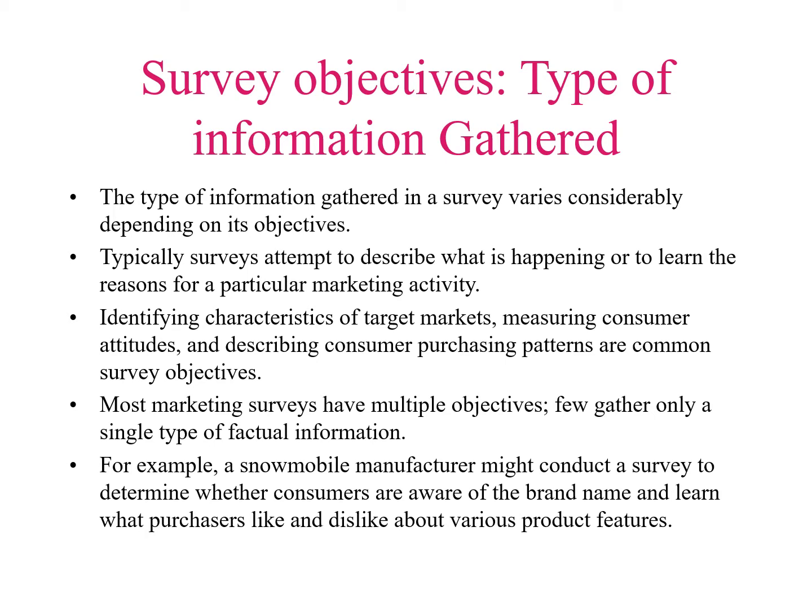Most marketing surveys have multiple objectives. Few gather only a single type of factual information. For example, a snowmobile manufacturer might conduct a survey to determine whether consumers are aware of the brand name and learn what purchasers like and dislike about various product features.